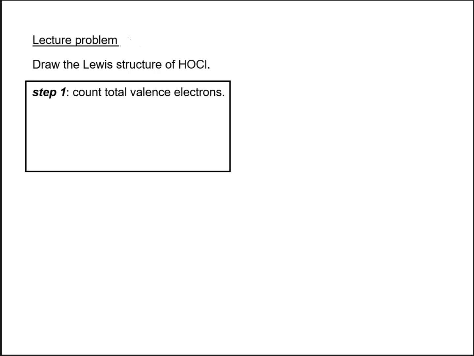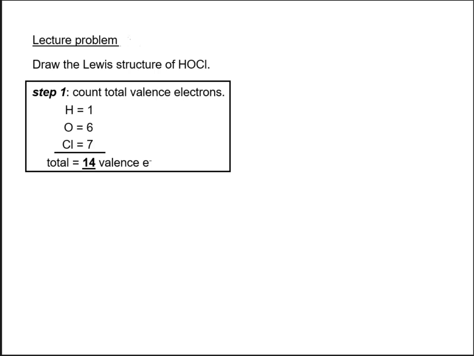So what does that mean? The molecule that's given to us, HOCl, is composed of hydrogen, oxygen, and chlorine. So hydrogen has 1 valence electron, oxygen 6 valence electrons, and chlorine has 7 valence electrons. So we have a total of 14 valence electrons.